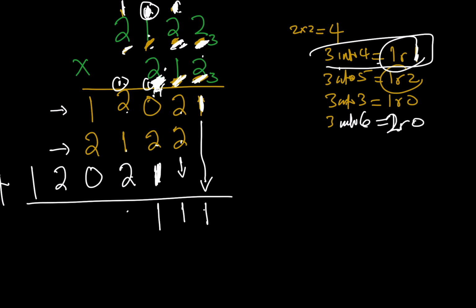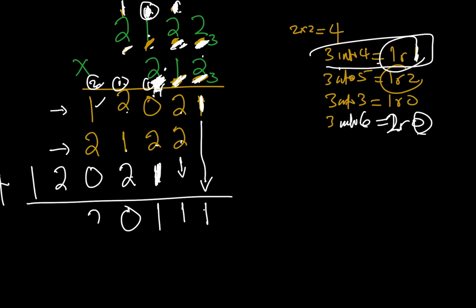So we're going to have 2 here. Now we're going to have the 0. Remember we said that we always write the remainder first. So 0 remainder 2. Like that. So that 2 and 1 is 3. 3 plus 2 is 5. We cannot write 5 because we are working in base 3. So it's going to be 3 into 5 is 1 remainder 2.